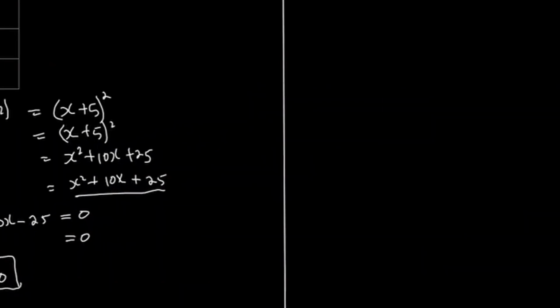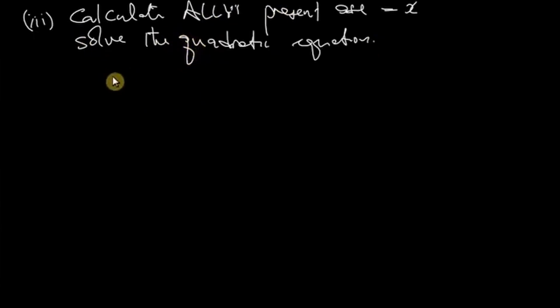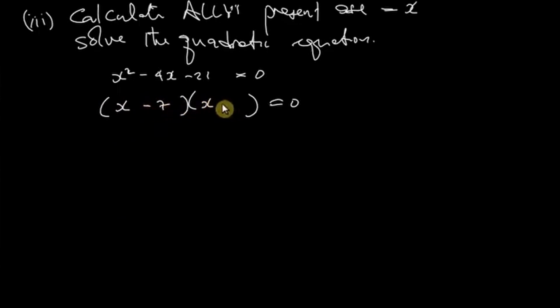So part 3 is as follows. We should calculate Ali's present age. So in essence, we're being asked to solve the quadratic equation. So the equation is x squared minus 4x minus 21 is equal to 0. There are several ways to do this, but we could use the simple factorization method, which is to use two brackets and realize that x minus 7, x plus 3 would be the factors for this simple quadratic equation.